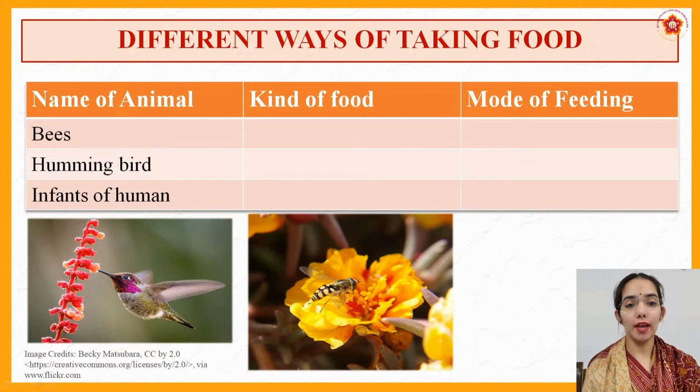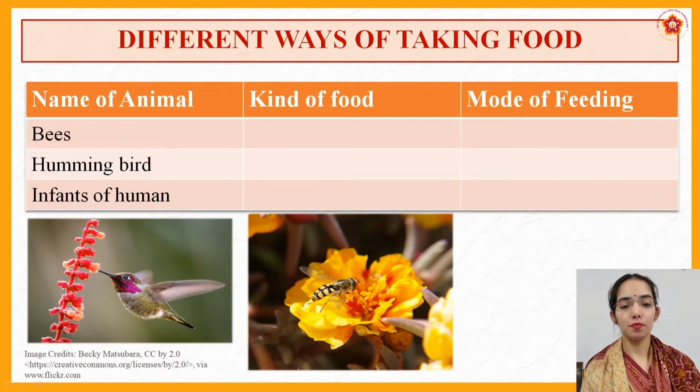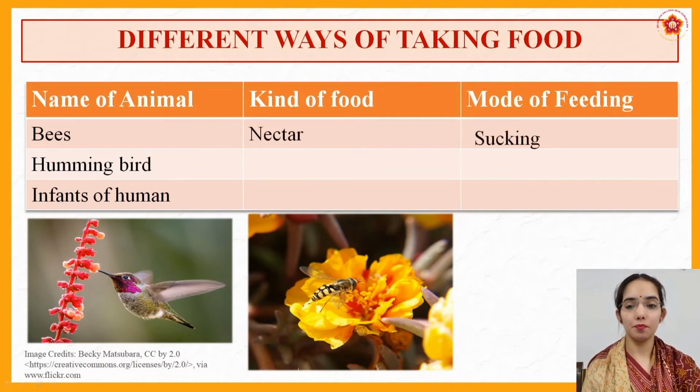Now let's have a look at different ways of taking in food, what is the kind of food they take in and what are the different ways through which they take it in. First of all, bees. As you can see in this picture, the honey bee is sucking nectar. So the kind of food is nectar and the mode of feeding here is sucking.